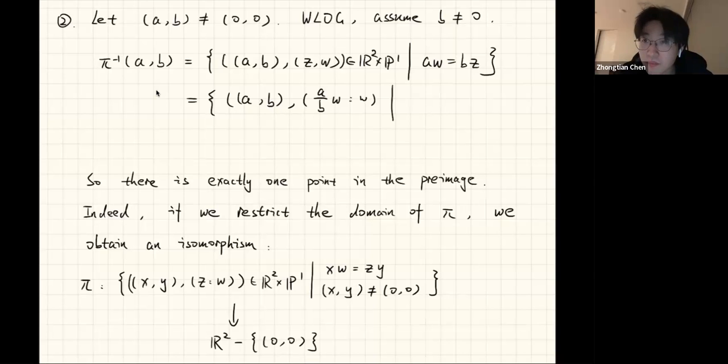The W jumps in? Why keep the W? I mean, these are homogeneous coordinates. You just get rid of the W. Oh, yes, yes. I will do that in the next step. Sorry, I want to do things step by step.